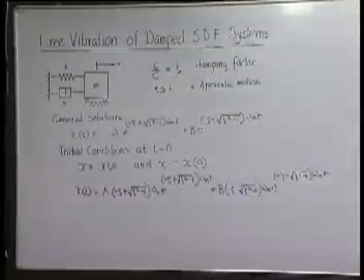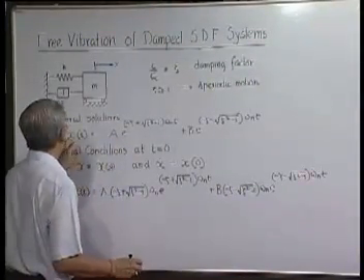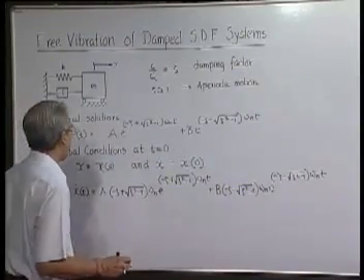Now, when we put these conditions, let us say that x is equal to x0 at t equal to 0.